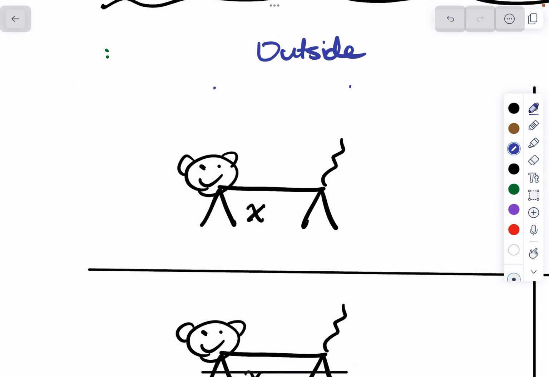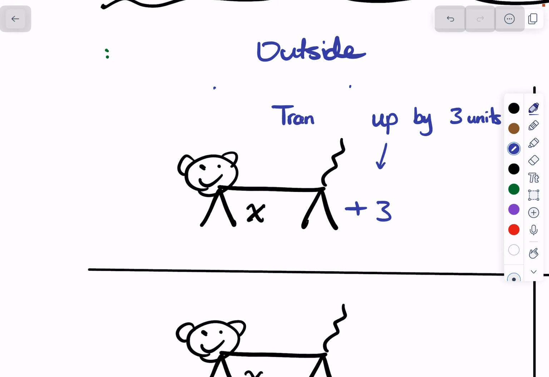So we have things like we can add 3, right? So this would be up by 3 units, right? A translation is what we call this. Translation. Right? So if you were to have the graph of x squared and you add a 3 to it, it would just take that U shape, move it up.